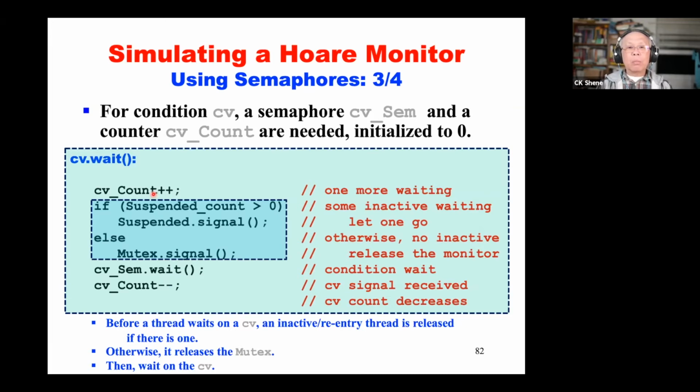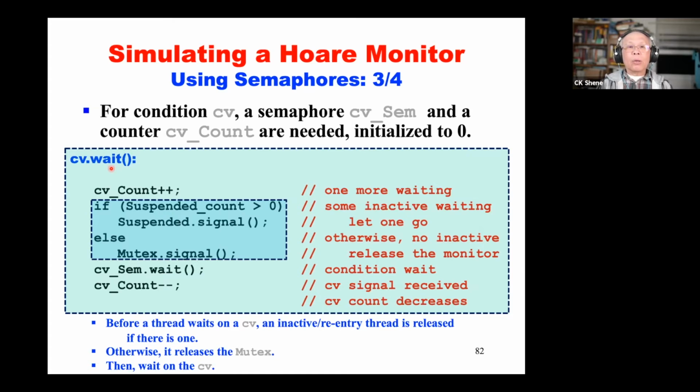as we mentioned multiple times, any thread that calls wait must wait, no question asked. So the caller to CV.wait adds 1 to the CV counter and checks to see if there are inactive ones. If there are, give the baton to the inactive one. Why? Because a thread that can call CV.wait is already in the monitor.